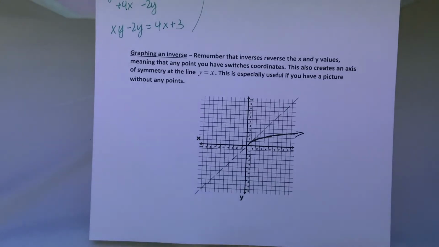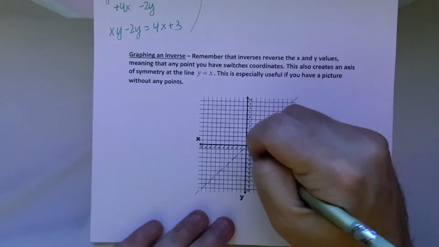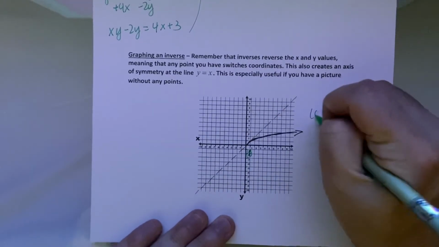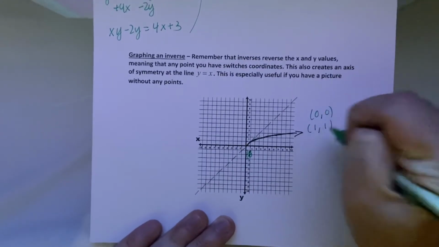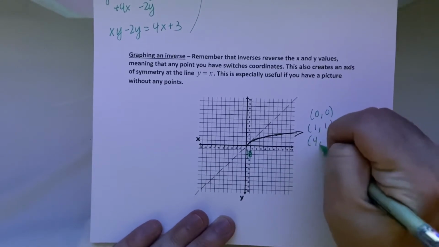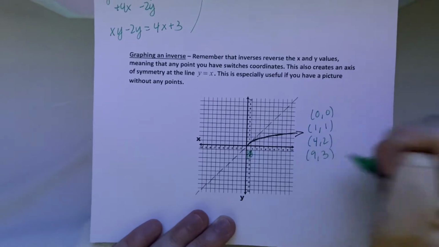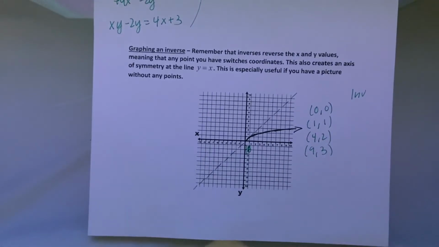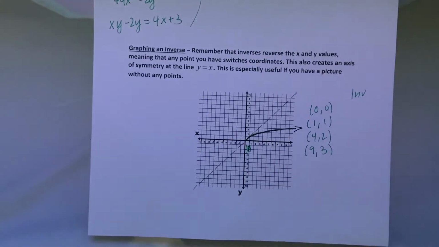So here we have the typical square root of x function, which means we have the points (0, 0), (1, 1), (4, 2), and (9, 3). So for our inverse, we take those points and we switch the x and y.